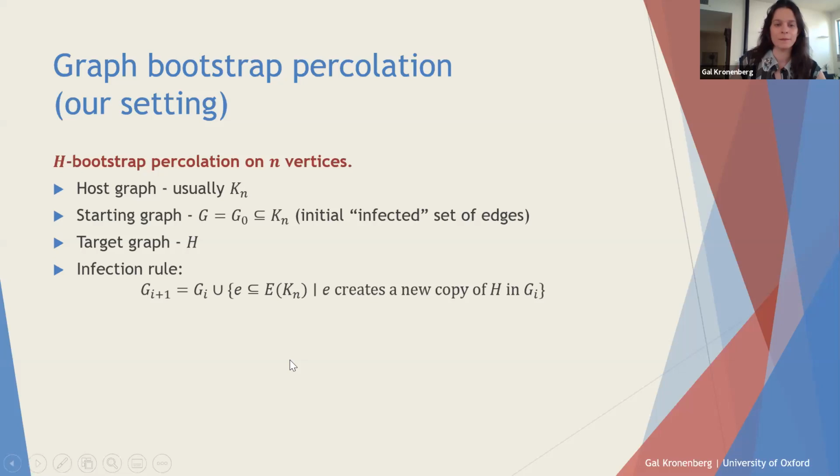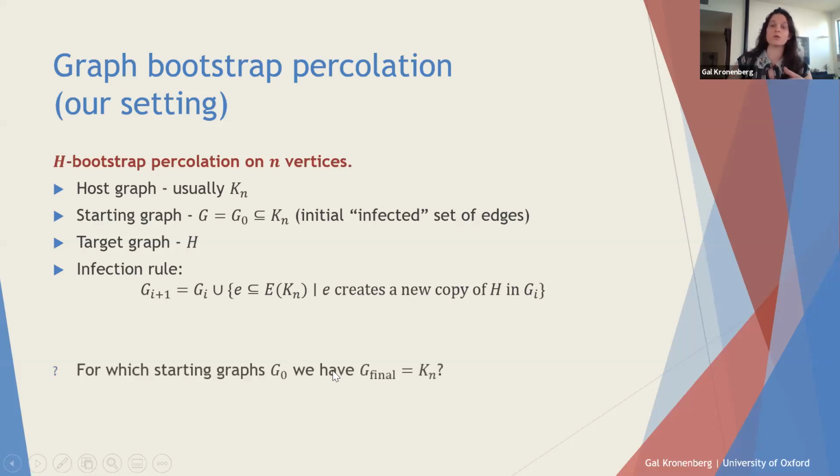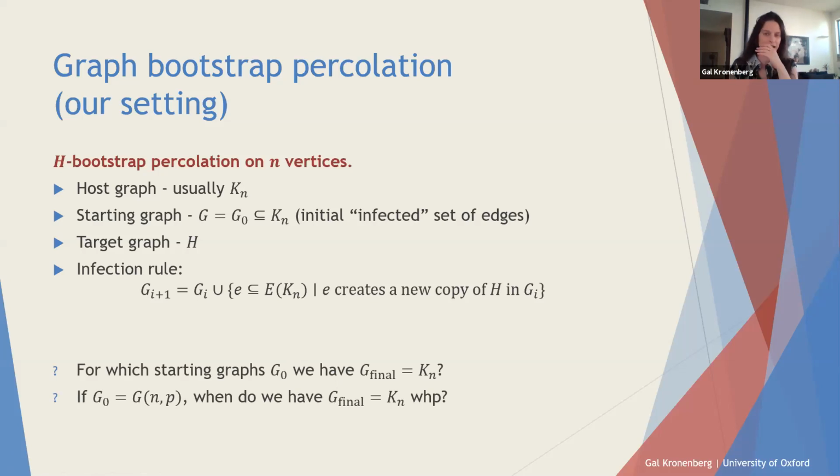And I can ask the same types of questions as before. What should be G0, the initial set of infected edges, such that eventually everyone will get infected? Or what happens if I take this initial set to be random, maybe the random graph G(n,p), for which values of p will everything get infected with high probability?